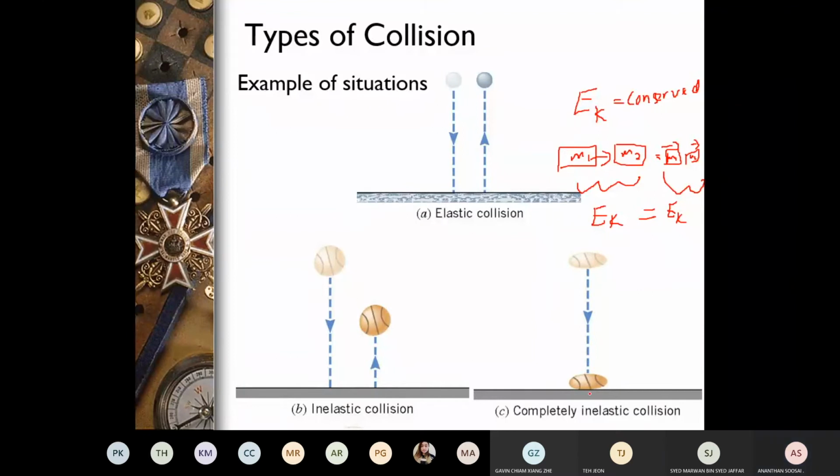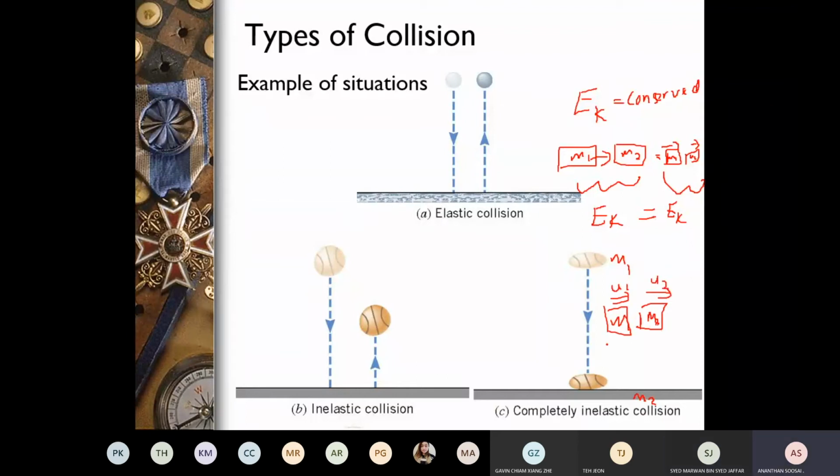If the ball collides, never rises up, and sticks to the floor, this is called completely inelastic collision. Completely inelastic. Entire kinetic energy is lost. Not lost, rather they stick together. This is M1. Your ground is like the M2. M1 and M2 are moving forward with different velocities U1 and U2.